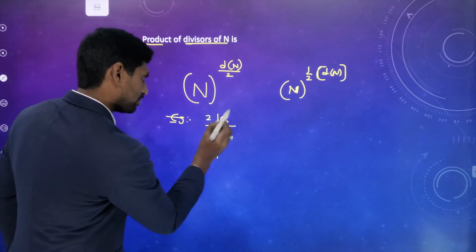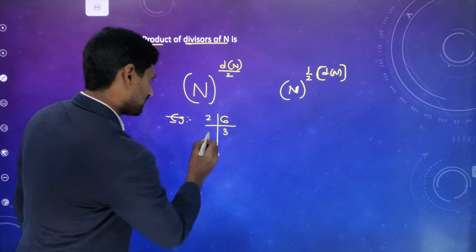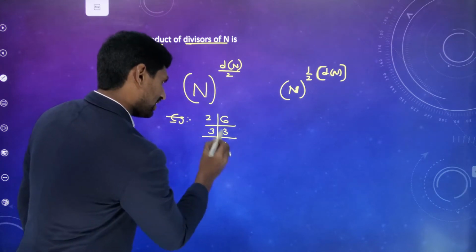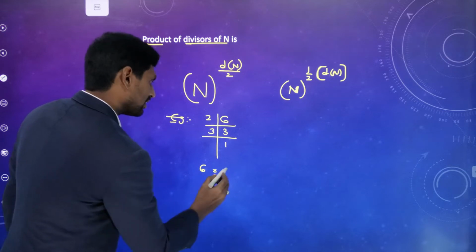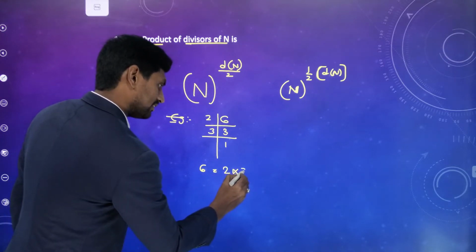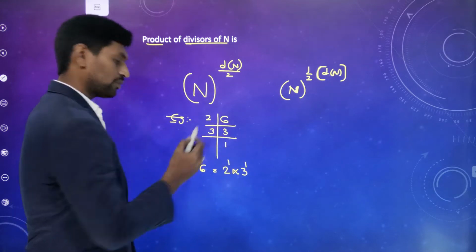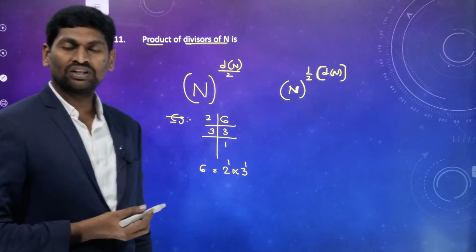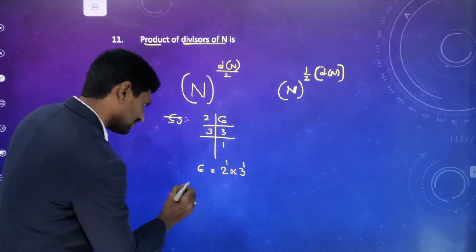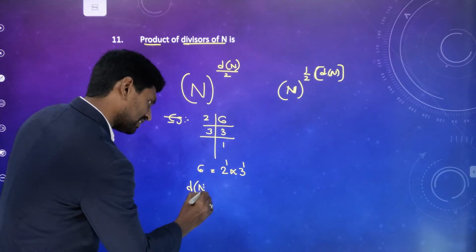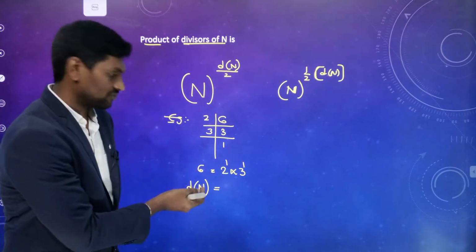Take prime number 2: 2 threes are 6. Then 3 ones are 3. So 6 can be written as 2 into 3, that is, 2 power 1 and 3 power 1. Now, number of divisors: we use only the exponents.